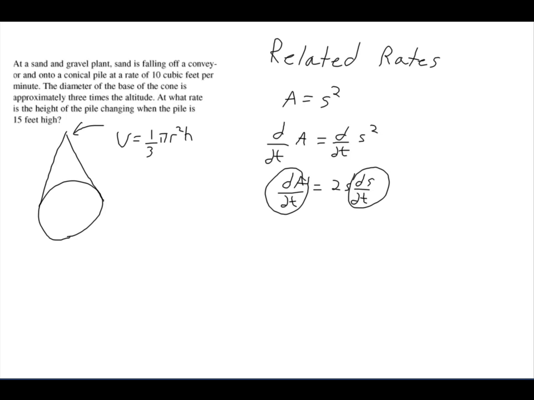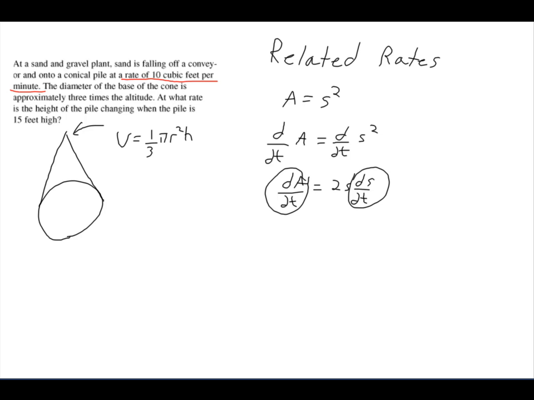So we need to look at what we are asked in this problem. We're told that the sand is falling off the conveyor into the conical pile at a rate of 10 cubic feet per minute. So that means that the rate at which the volume is changing is 10 cubic feet per minute. And a few things to notice with that.